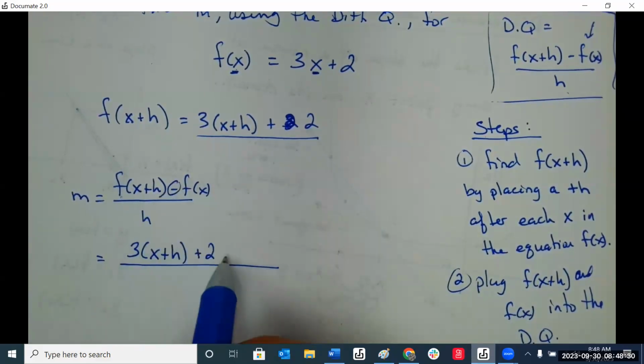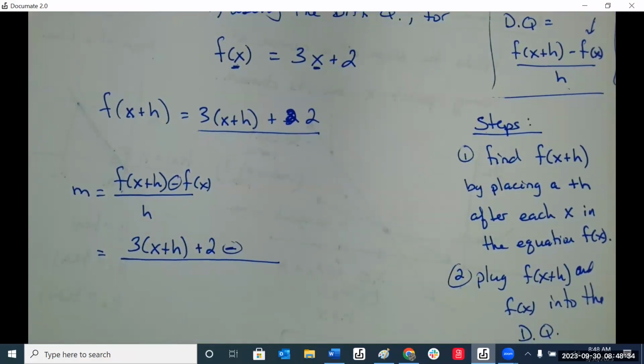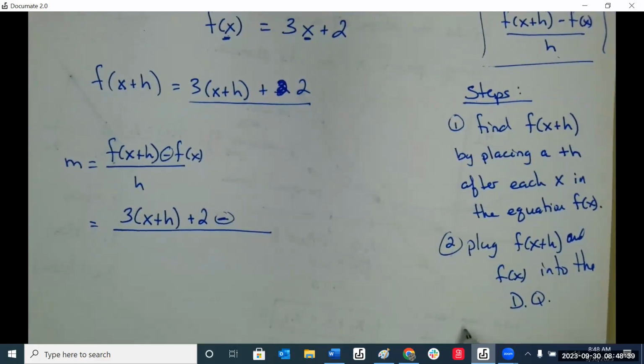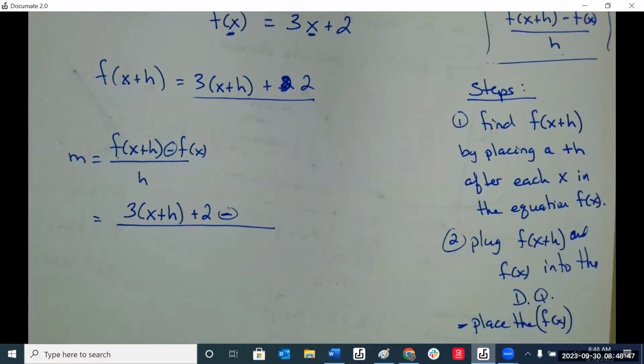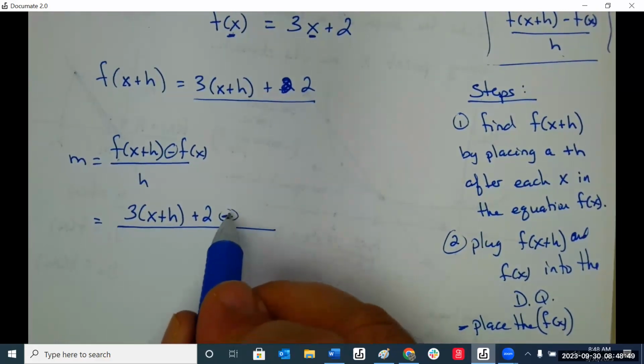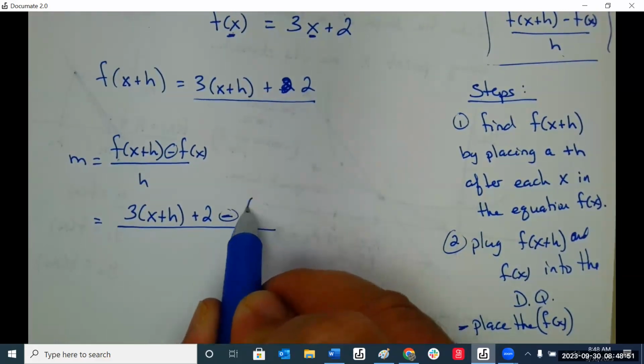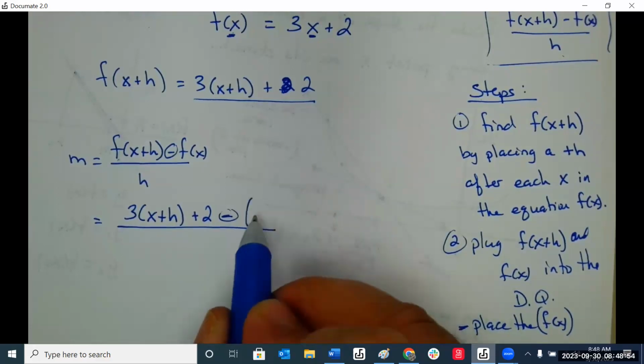The minus sign. Place the f of x inside parentheses. Whenever you have a minus sign in front of a function, put a parenthesis before you put anything else in there.